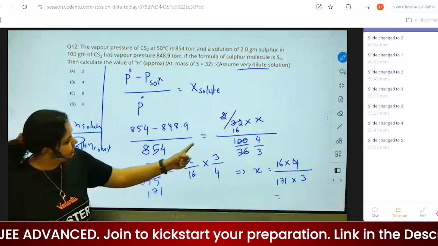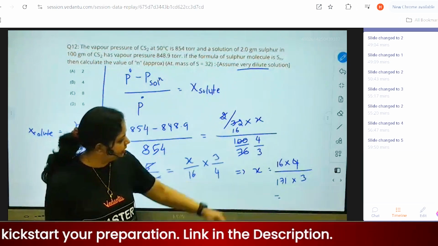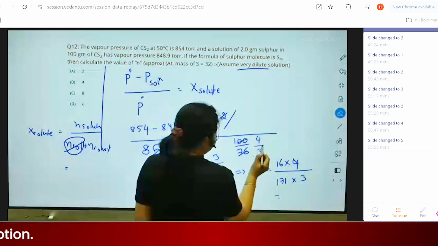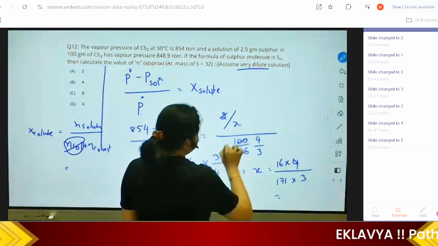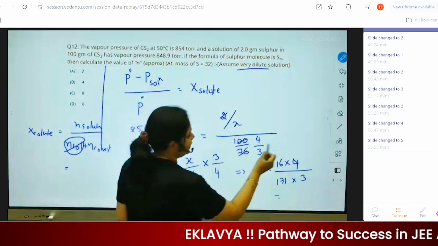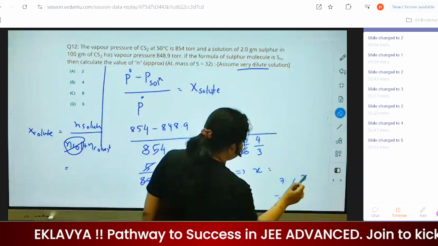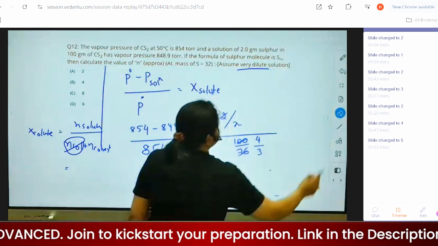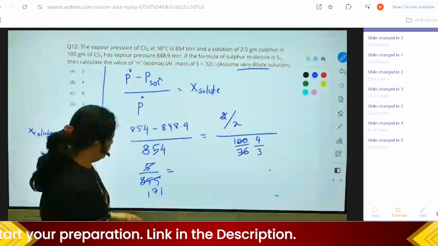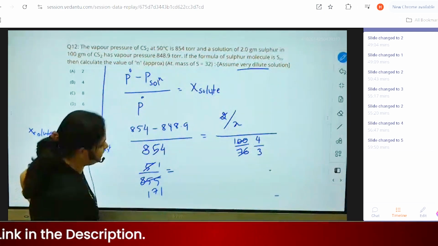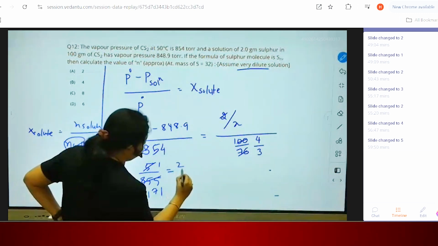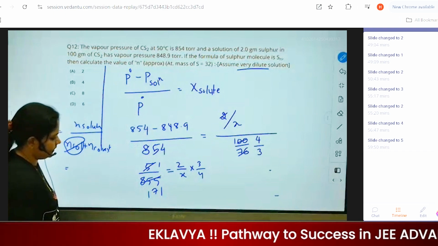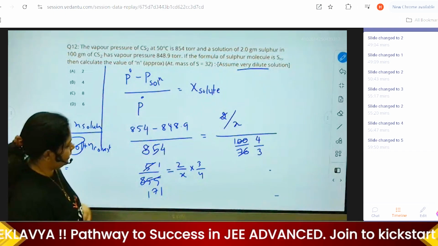Mole fraction is given mass by molar mass. Let me write down one thing. Let me write total molar mass as X, 2 by X, then it will become 4 by 3. Just 1 second. So 1 by 171 is equal to 2 by X into 3 by 4. Is it correct? Yeah, 2 by X.